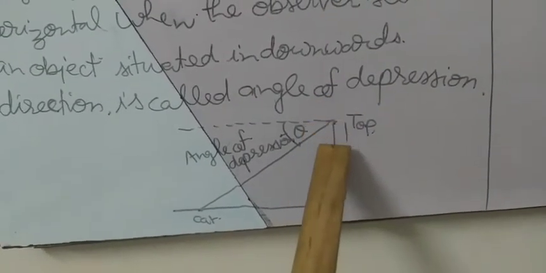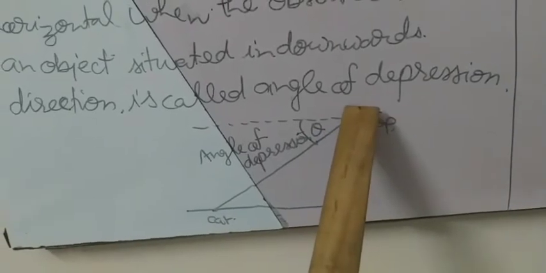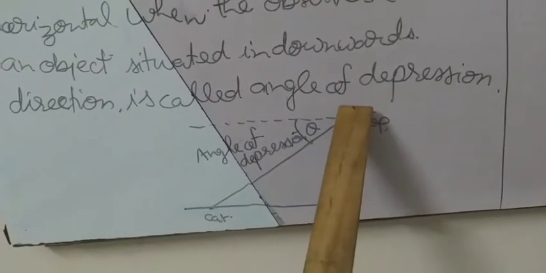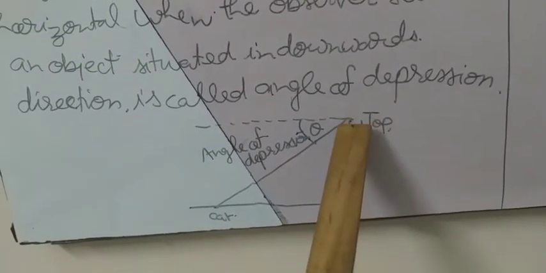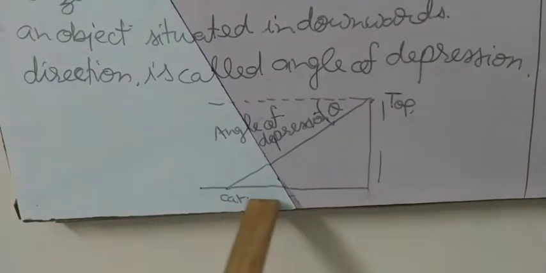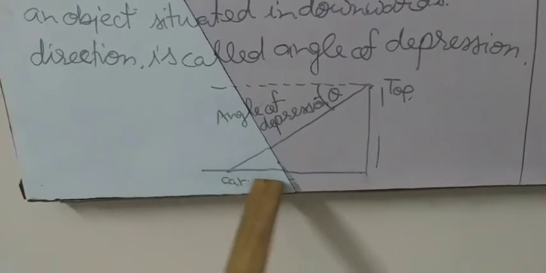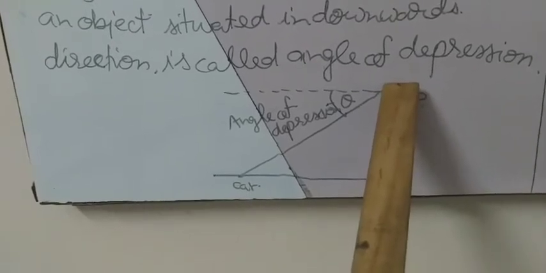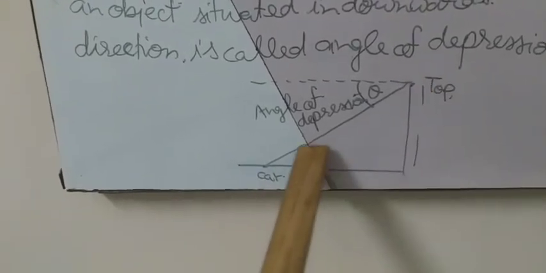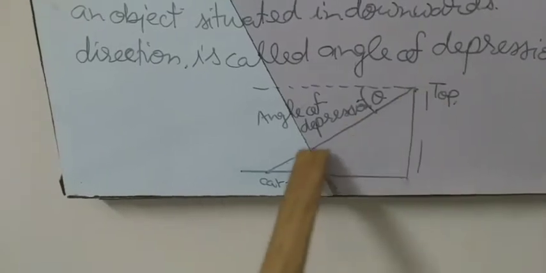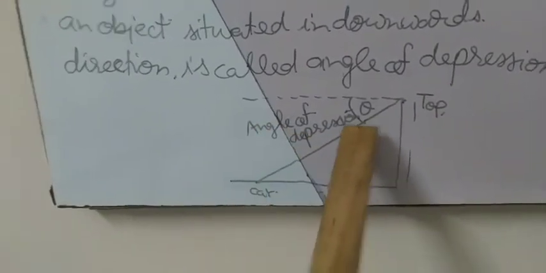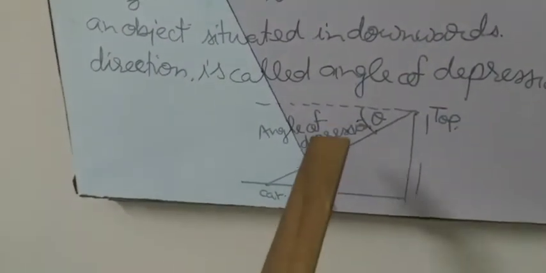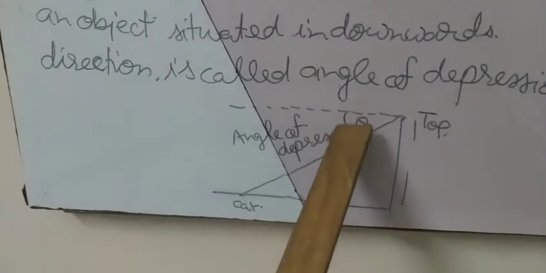Suppose the observer is at the top of the building, okay, and the observer wants to see the car which is at the horizontal plane, then the angle made by the eye of the observer with the line of sight is the angle of depression. So students, this angle is the angle of depression.